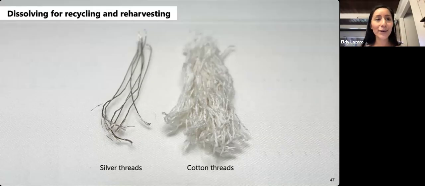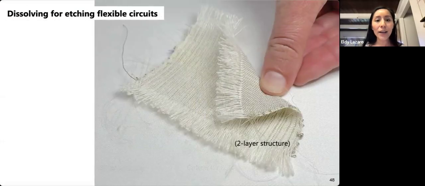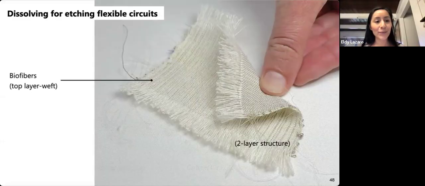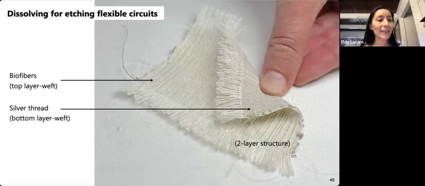It's helping with that kind of challenge that we currently have in electronic textiles or interactive textiles. Another way to use it is that when we weave, we can have a layer of a woven textile with the biofibers on the top, and then the conductive material, which is silver threads, at the bottom.